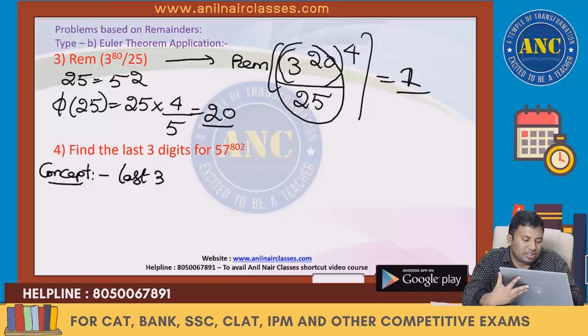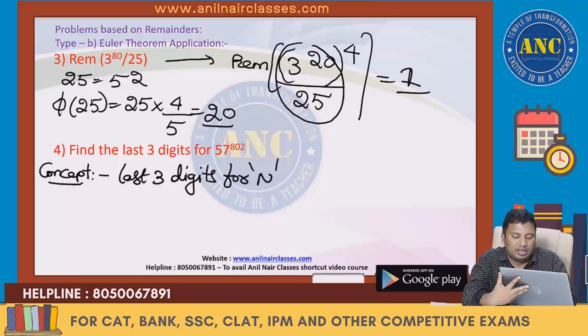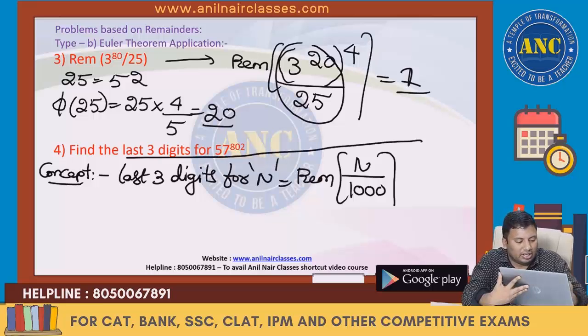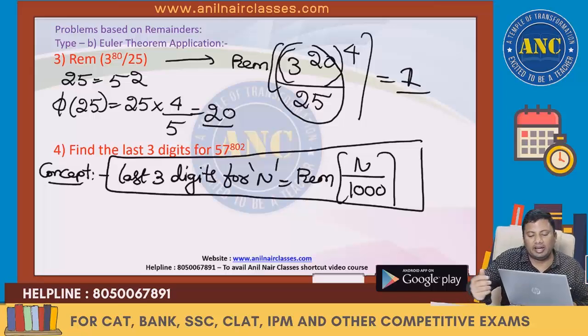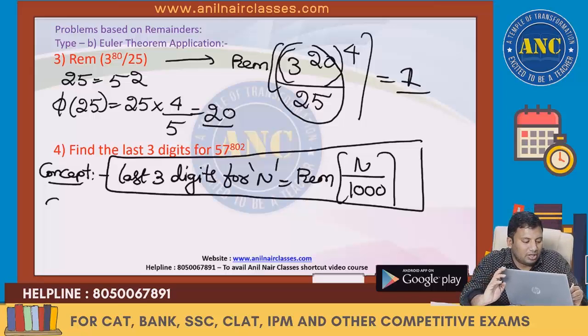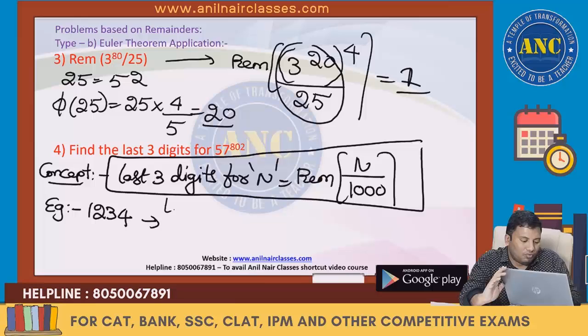The last 3 digits for any number is nothing but the remainder when I divide the number by 1000. If you divide a number by 1000, you get the last 3 digits.